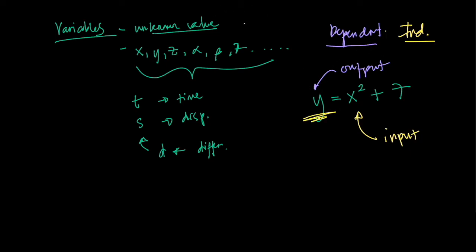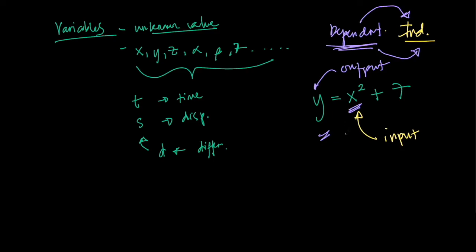In this case, it is y, because y is dependent on the variable given to the independent variable, which in this case is our x. So the dependent variable depends on the value of the independent variable, and it differs depending on the independent variable.